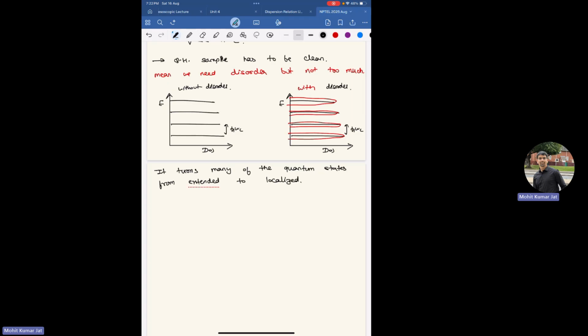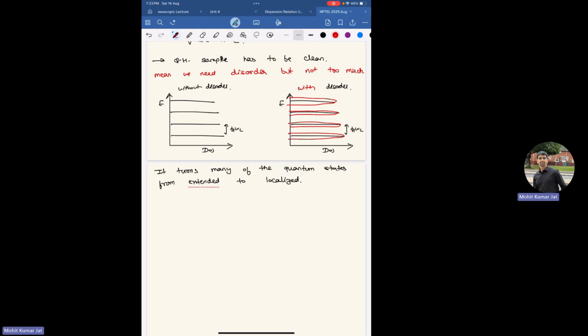An extended state is spread throughout the whole system. In contrast, a localized state is restricted to lie in some region of space. It's not throughout the whole system.